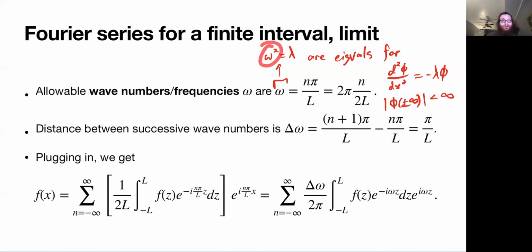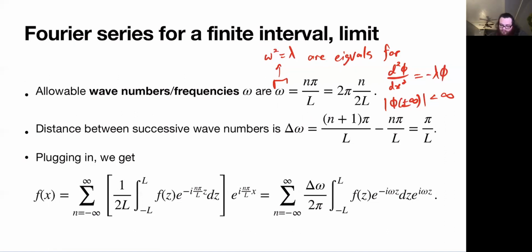And any omega worked. In this case, though, for the finite interval, the omegas that we're allowed to work with are going to be discrete, of the form n pi over L. Omega is still going to go off to infinity, since L is fixed and increases, but they're discrete.